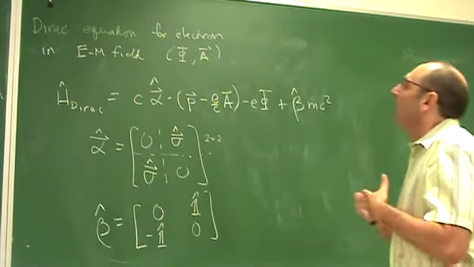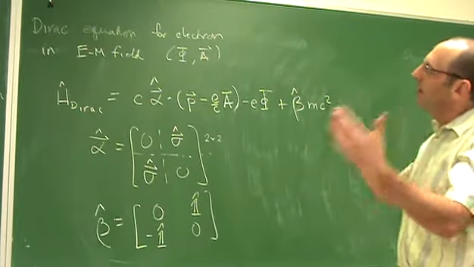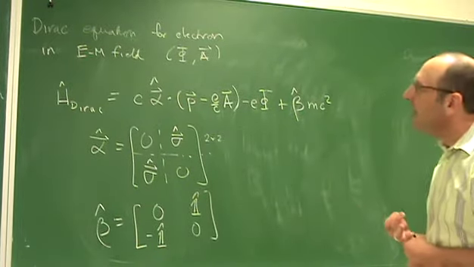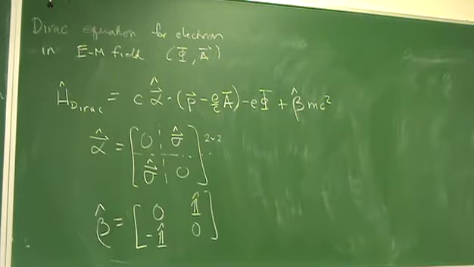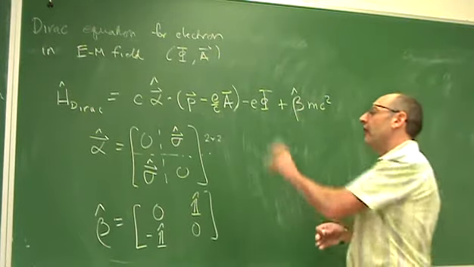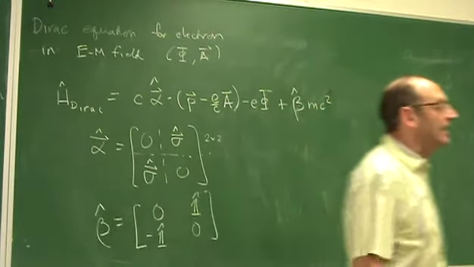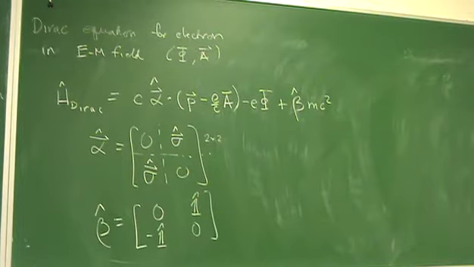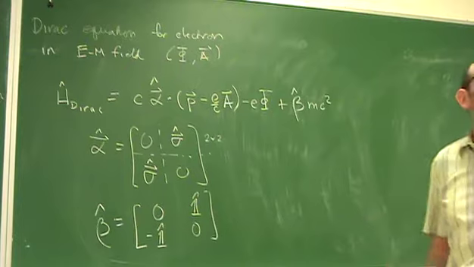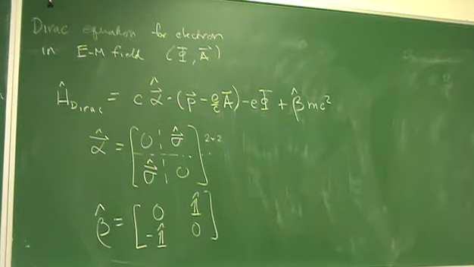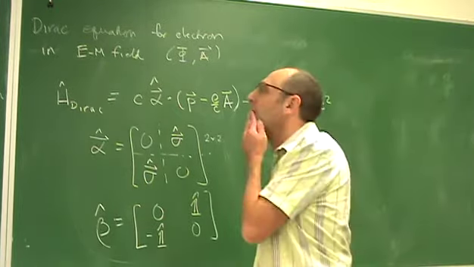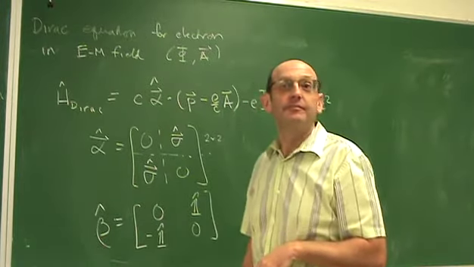Okay, so now there's a whole bunch of algebra to be done where one can write this set of coupled equations for psi A and psi B, eliminate the positron in favor of the electron, plug it back in, and just get an equation for the electron. And then expand that to lowest order in the ratio of the energy to the rest mass.